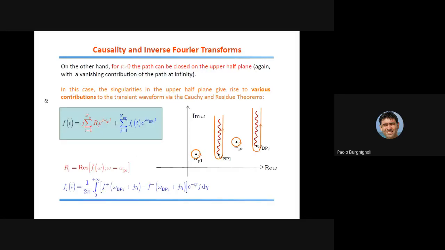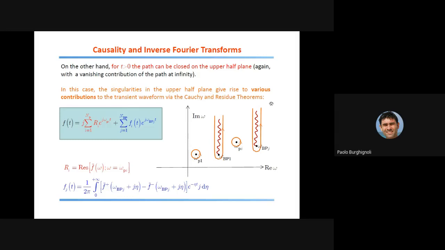If you instead deform the integration path in the upper half plane when time is positive, then in the upper half plane, our integrand needs not to be holomorphic, so we cannot conclude that the result is 0, and in practice it is not 0. We have a non-zero waveform in time domain.